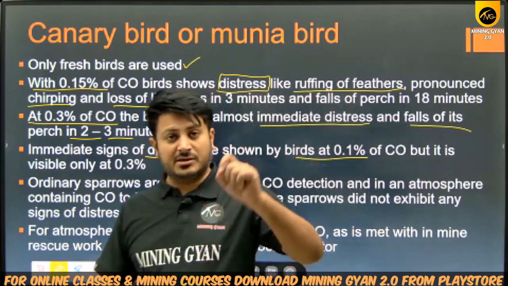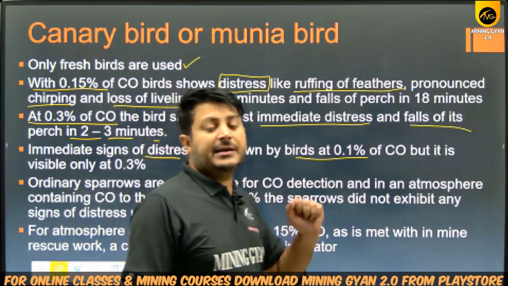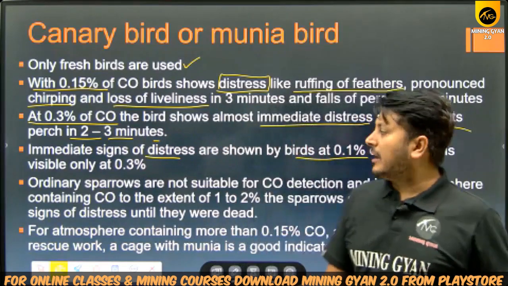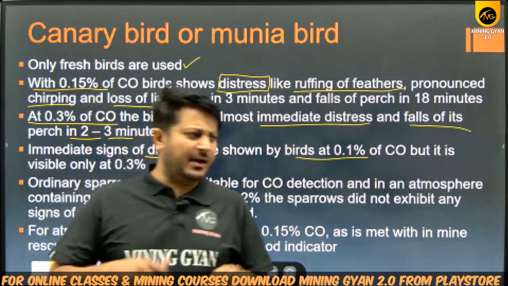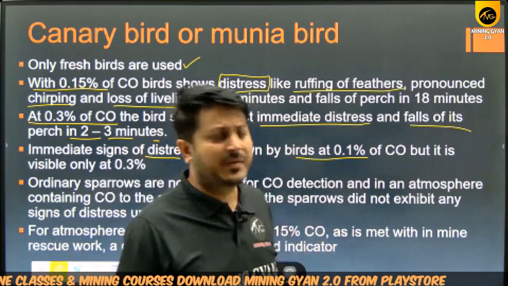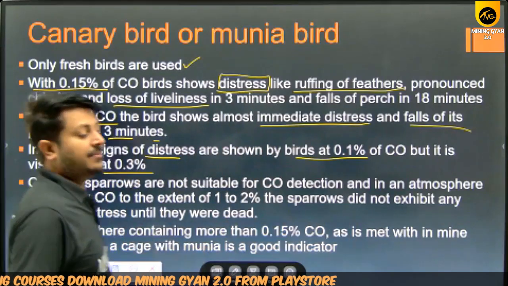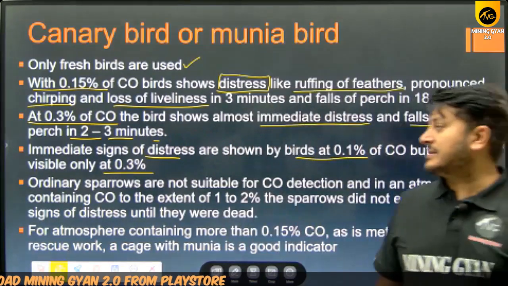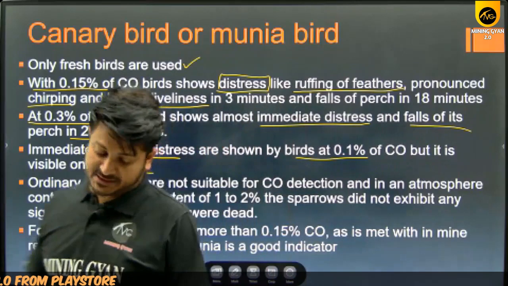It shows distress at 0.1% only, but we are not able to notice this type of distress because we think it is normal for a bird to have roughing of the feathers or chirping. At 0.3% we are able to notice that this distress is due to carbon monoxide. So you have to remember this thing also.